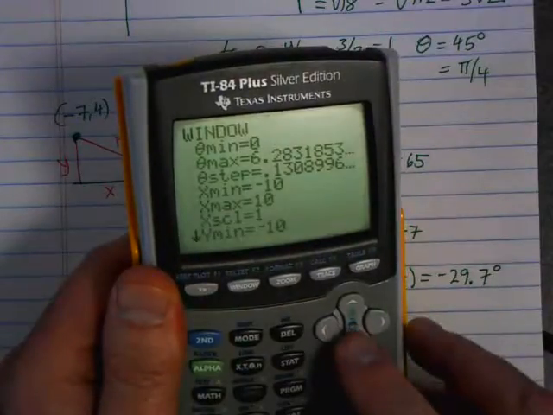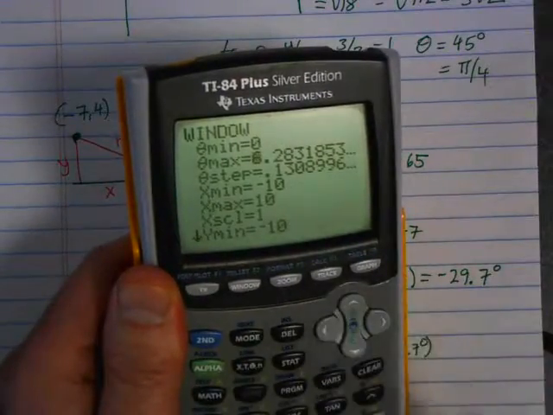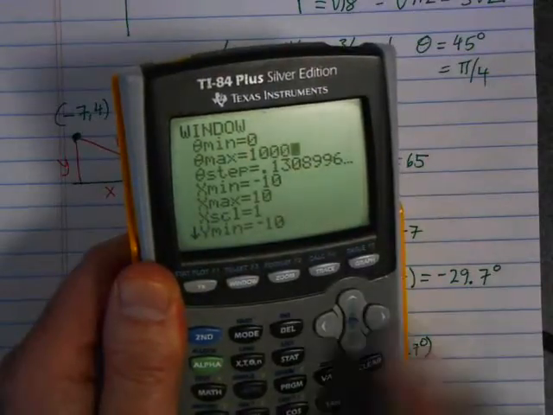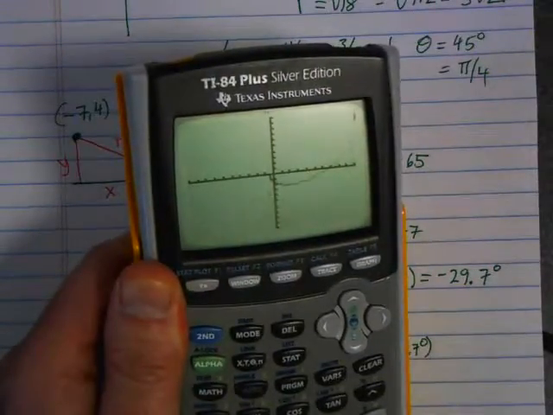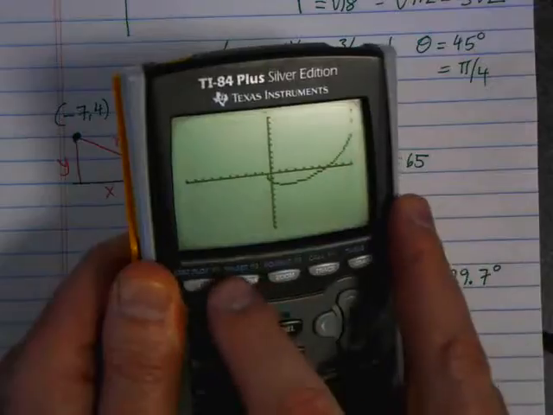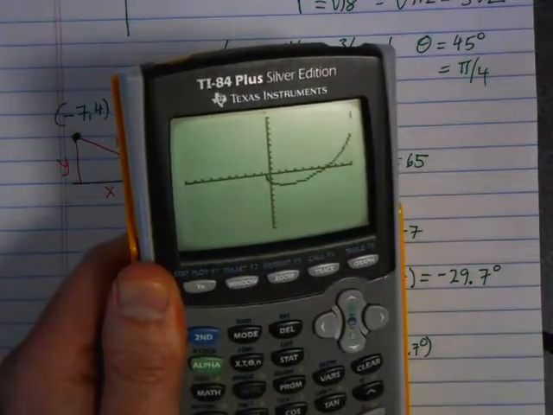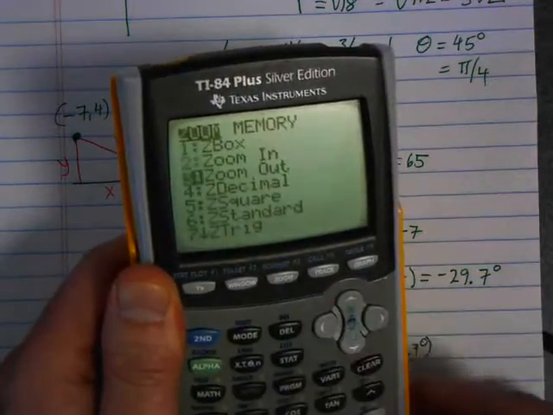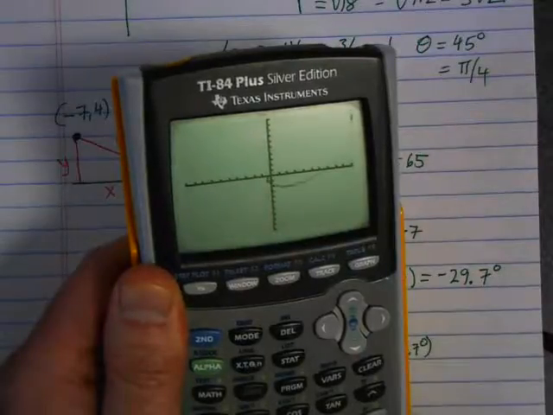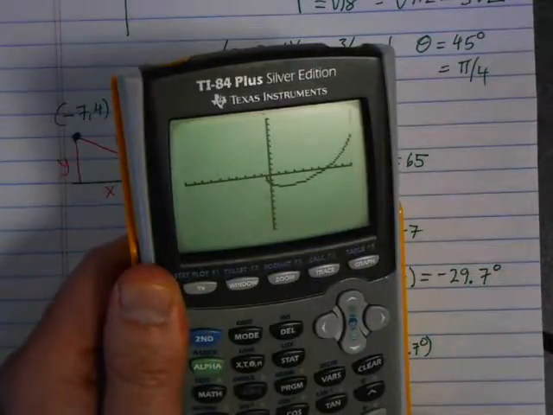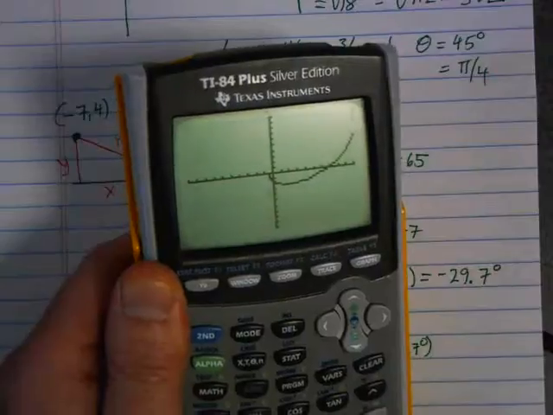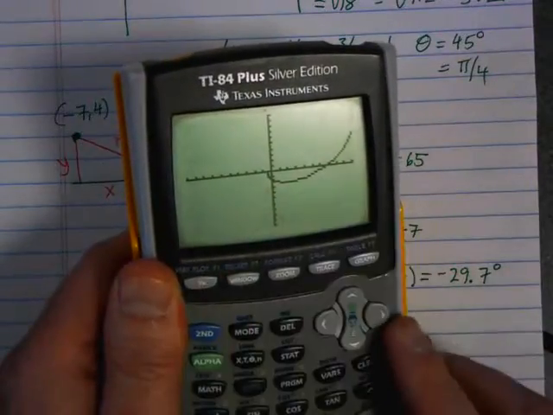I need to change this, I guess I'm just going to have to zoom out. I can't get the picture that I want. All right, skip that one for now.